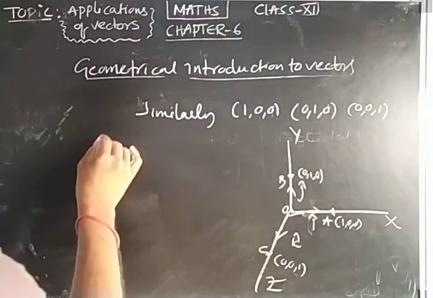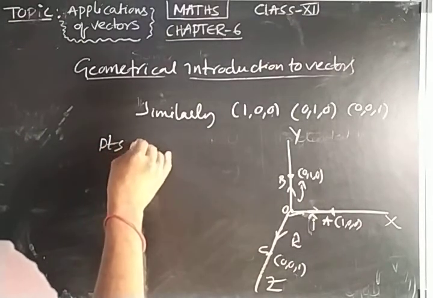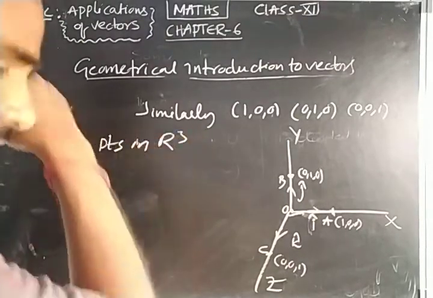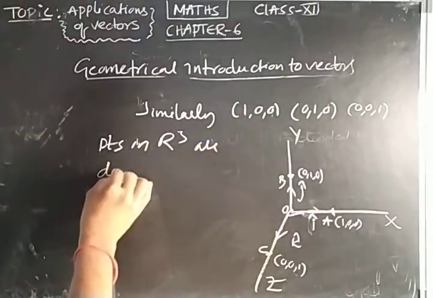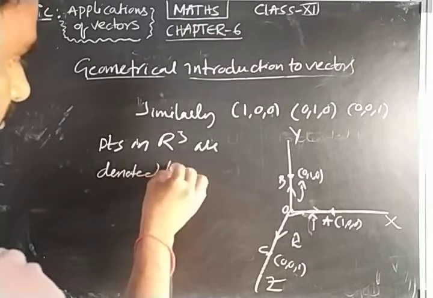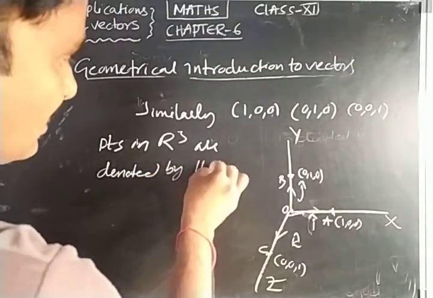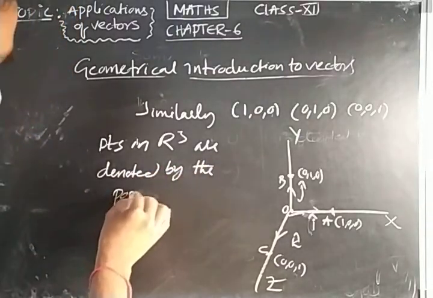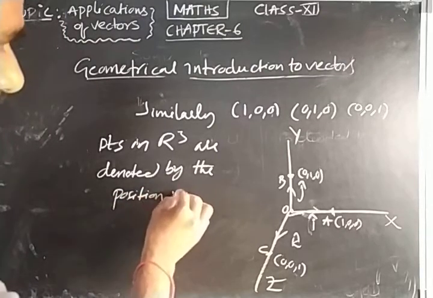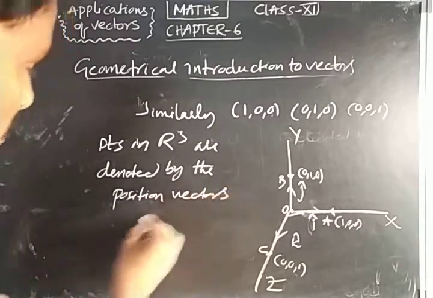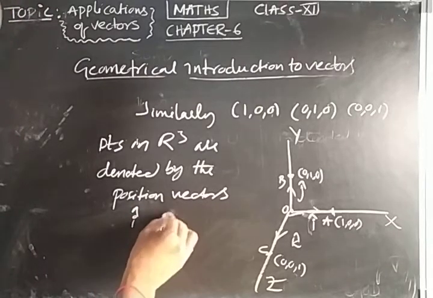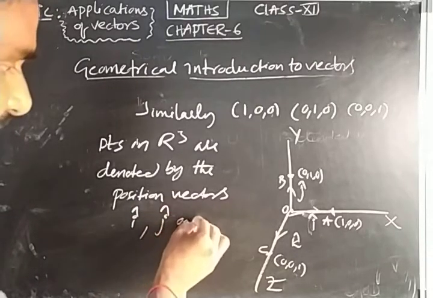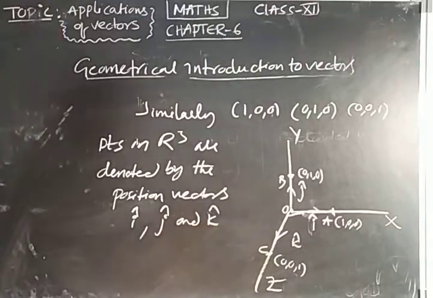Similarly, points in R cube, that means in space, are denoted by the position vectors I cap, j cap and k cap. Okay, these are the position vectors.